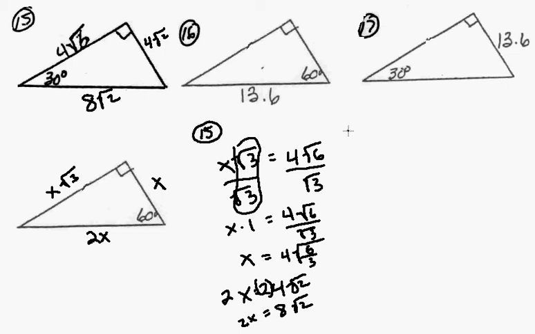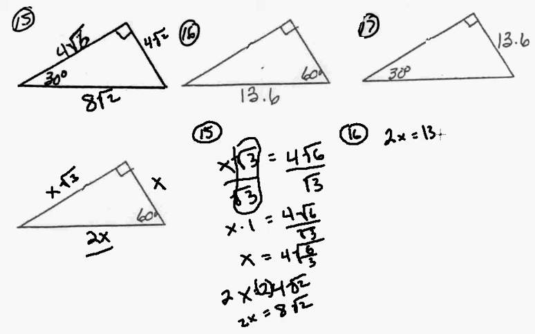Okay? Going to 16. So here I have 13.6. And if I look at my general triangle here, I've got 2x is equal to 13.6.